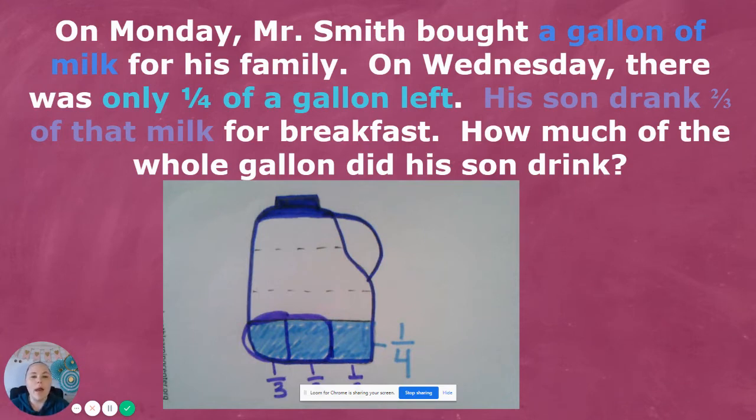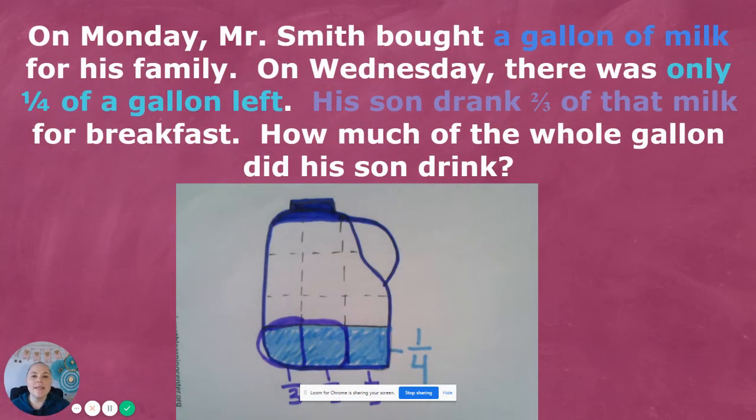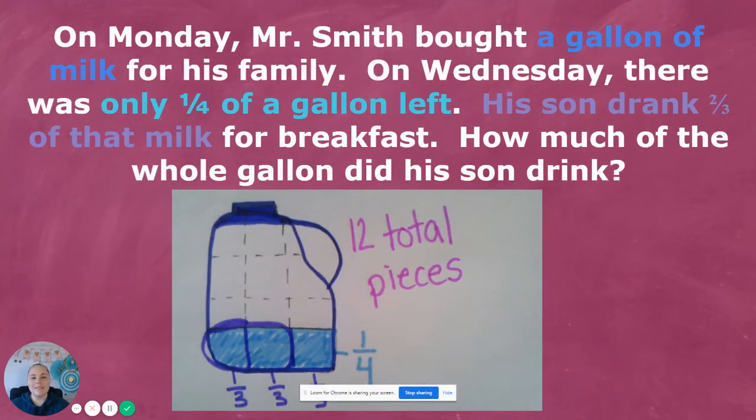But they want to know how much of the whole gallon his son drank. Well, it wouldn't be 2/3. So we need to look at this problem in a different way. Since I divided the 1/4 into 3 parts, I need to divide all of the fourths into 3 parts. So when I do that, it gives me a total of 12 pieces in the gallon of milk.